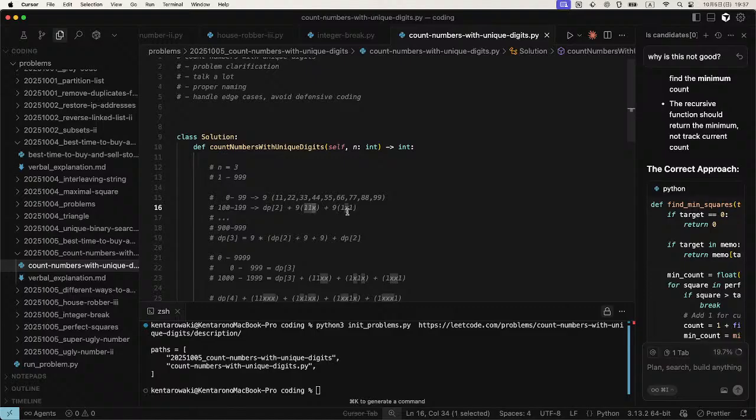And this is also 1 0 1, 1 2 1, like that. We can count the duplicates.